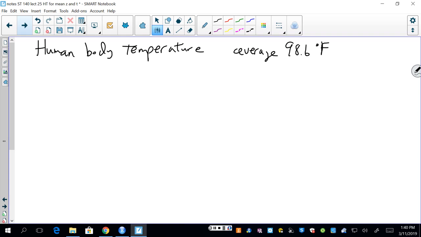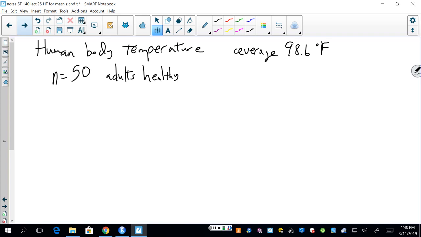And let's say you measured 50 adults, otherwise healthy adults. People with fevers or hypothermia, you probably would not include.